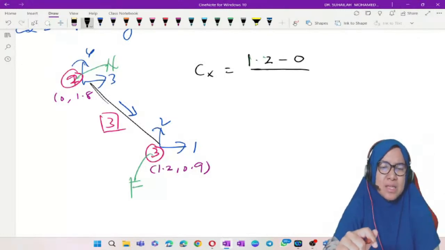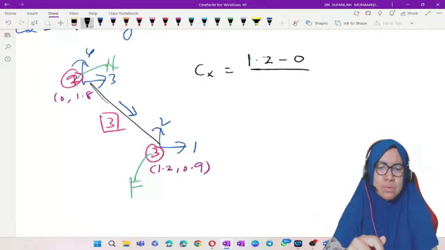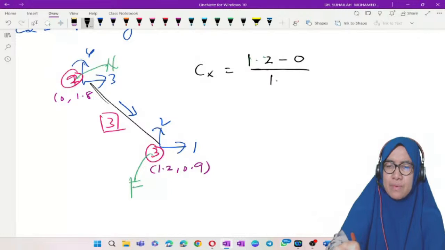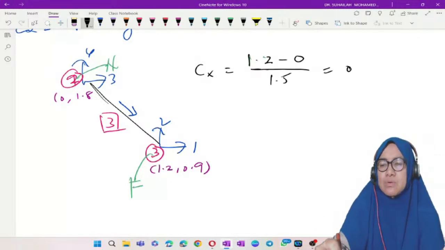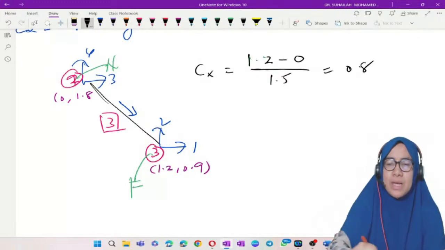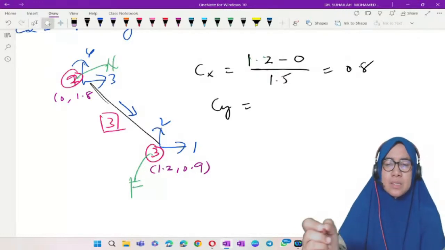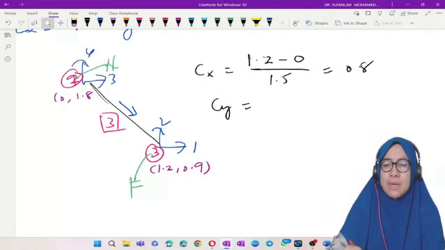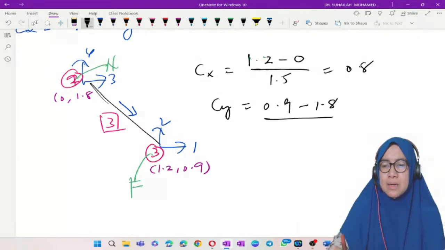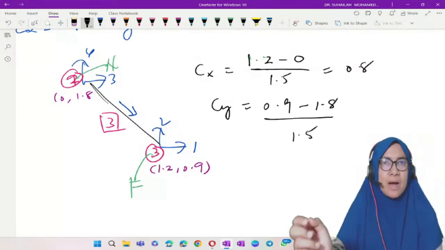The length is 1.5, so Cx is 0.8. Cy is far minus near: 0.9 minus 1.8, divided by 1.5.